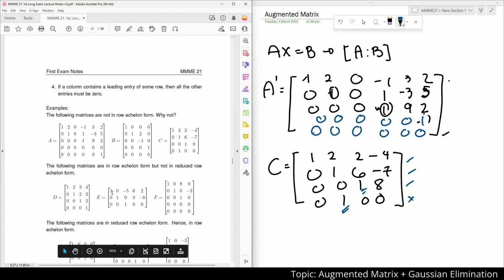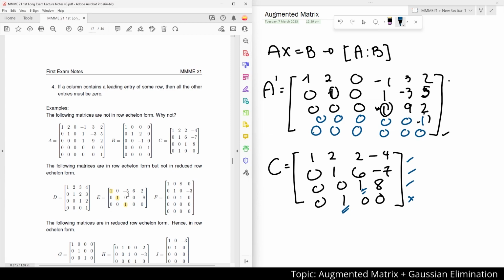Same with this one. Yung sa E, you have itong 1 na to, itong 1 na to, and itong 1 na to as yung ating leading entries. Okay? This one, this one, and this one. For the first column in which this first leading entry is in, lahat 0. So check. Second column in which the second leading entry is in, lahat 0.